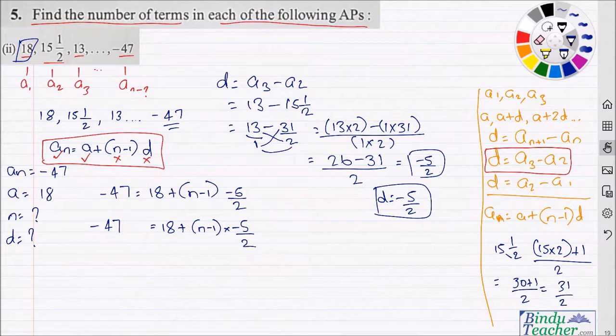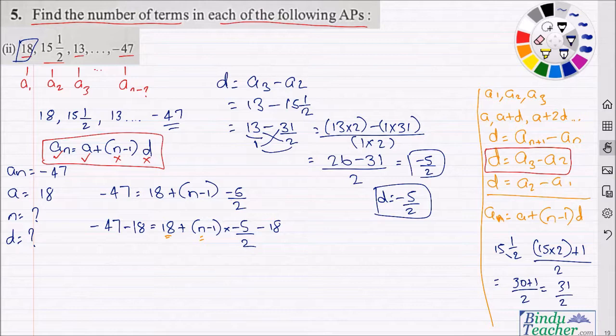So here I want to find the value of n. So what I'm going to do is remove all the other values. Let us start with 18. So here I have plus 18. To remove it, I will add minus 18. Now whatever we do to the right hand side of the equation should also be done on the left hand side of the equation.